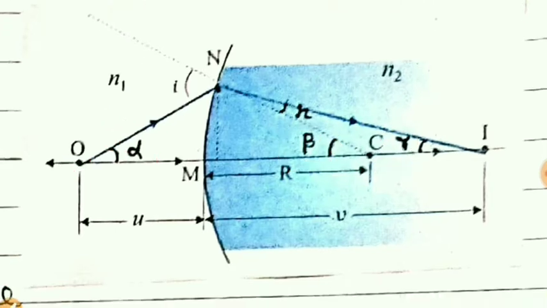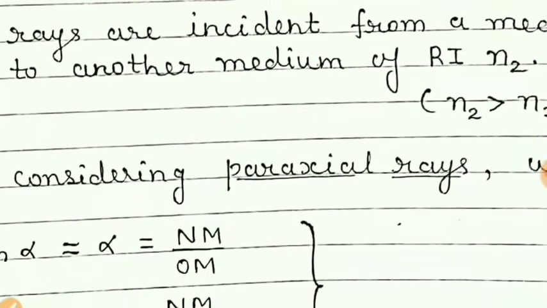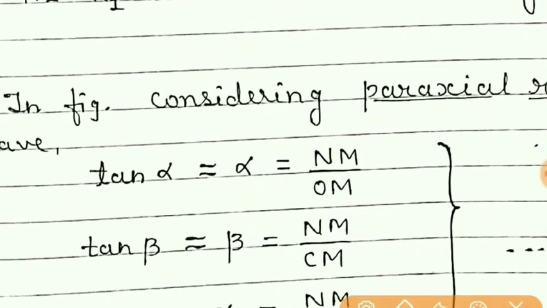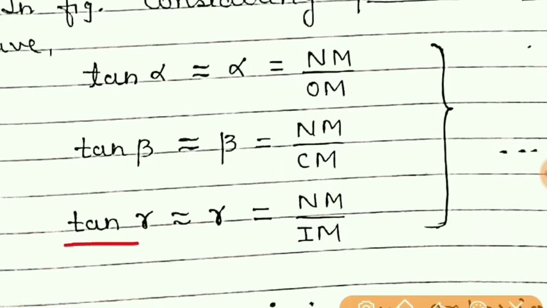Now students, we know that if an angle is very small, then tan alpha can be written as alpha, tan beta can be written as beta, and tan gamma can be written as gamma.